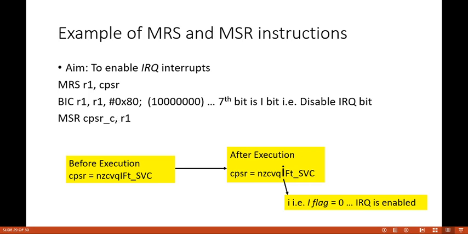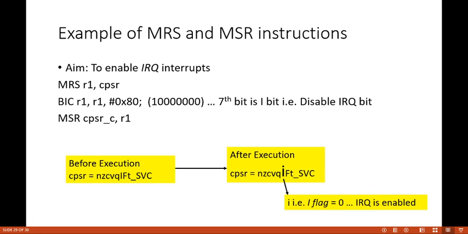You cannot directly transfer the contents to the CPSR. You have to use MRS and MSR instructions only, and using these instructions you can do the modifications in the CPSR.